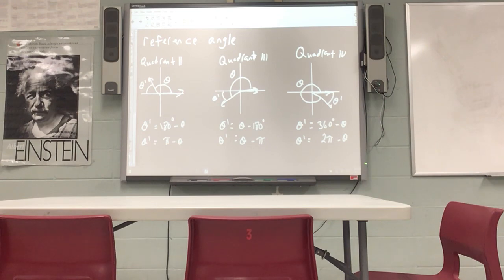What is this? The reference angles. So you've got angle theta, and then the theta that has the little tick mark by it, that's theta prime. So you got theta and theta prime. So theta prime is the reference angle.